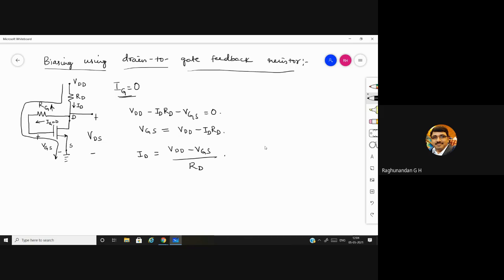Here, if the current ID is going to increase, obviously the voltage across the drain resistance is being reduced, which is going to reduce the gate to source voltage, and the voltage across the drain resistance will reduce. If VGS is being reduced, what will happen?